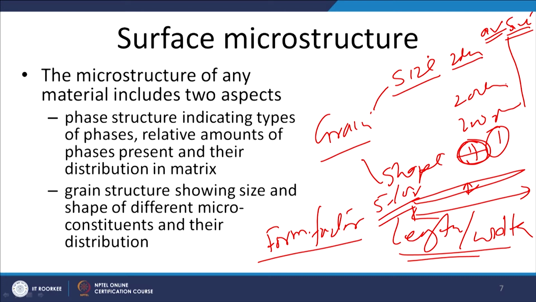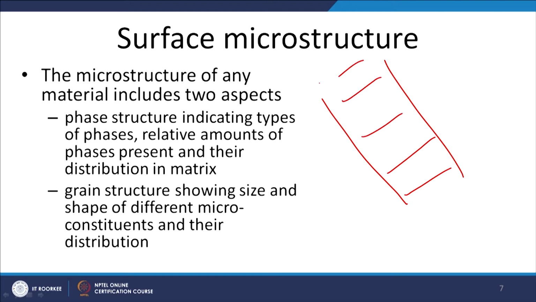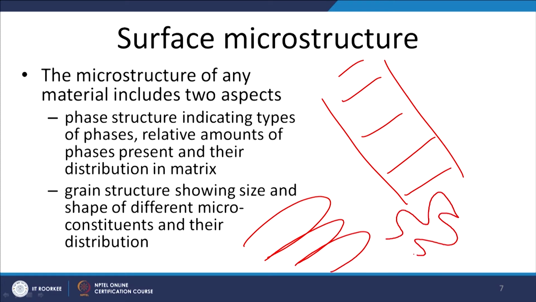Similarly, there can be phases of different shapes for the matrix material also. Matrix material can be a planar structure where one big band is present of a particular phase. Then there can be cellular structure like this. Then there can be dendrites like this, or there can be equiaxed grain structure like this.